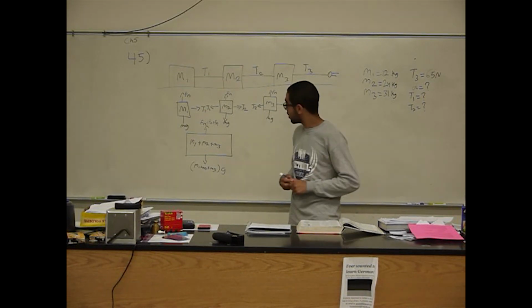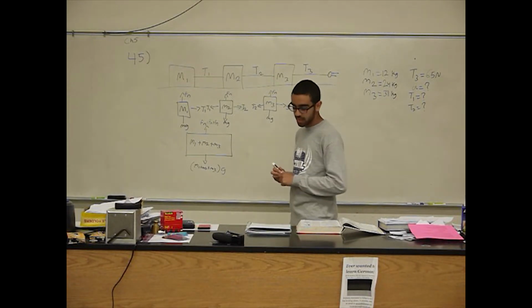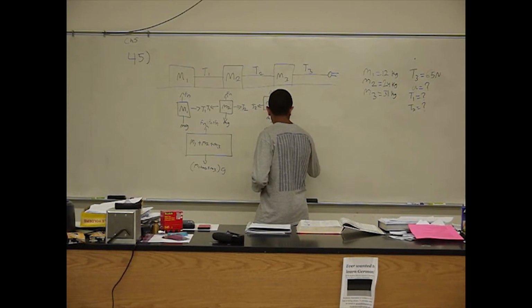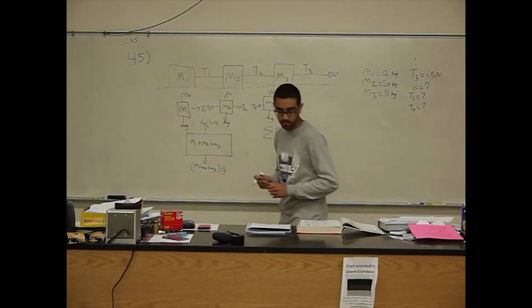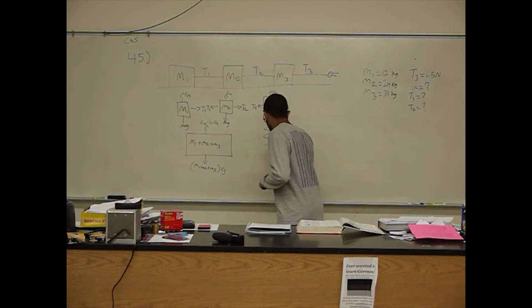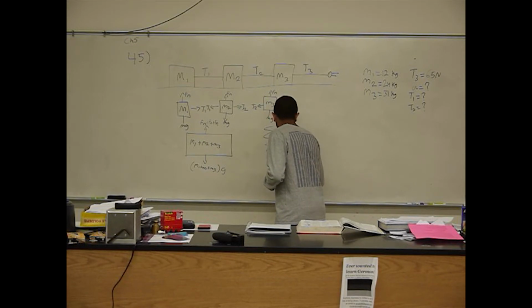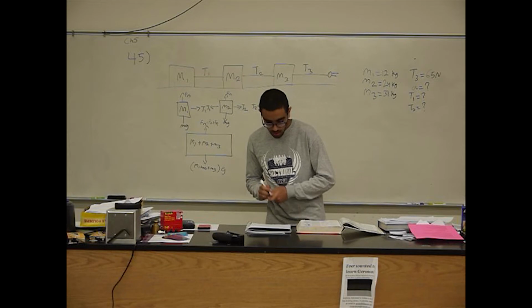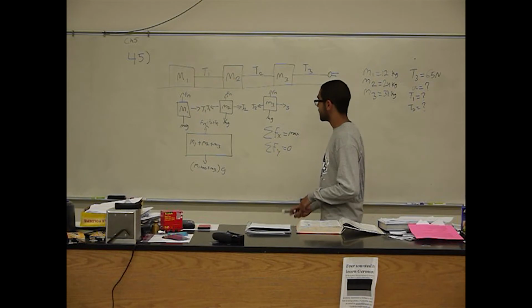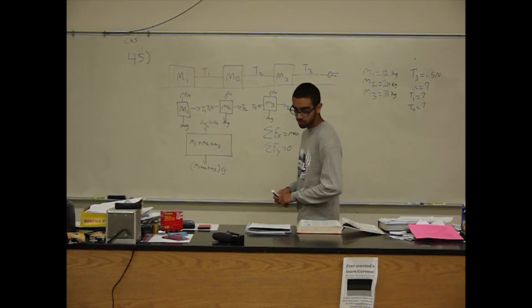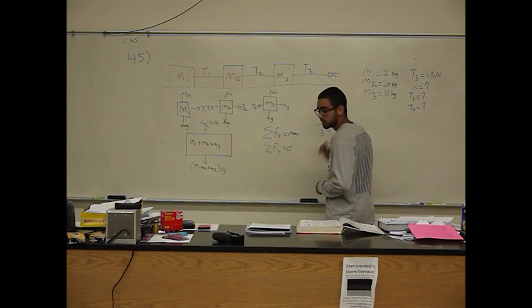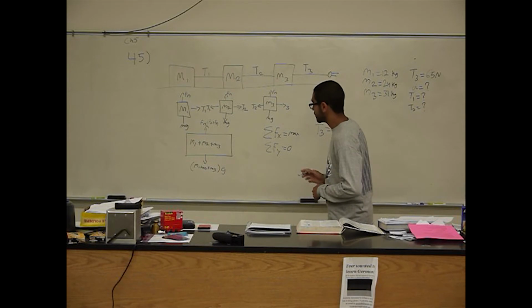And now that we have our system together, we can do the sum of all forces in the x equals ma, and the sum of all forces in the y equals 0. Now what we learned about tension is you can do T equals ma. So now we have one big mass, so we just do T3 equals M1 plus M2 plus M3 times A.